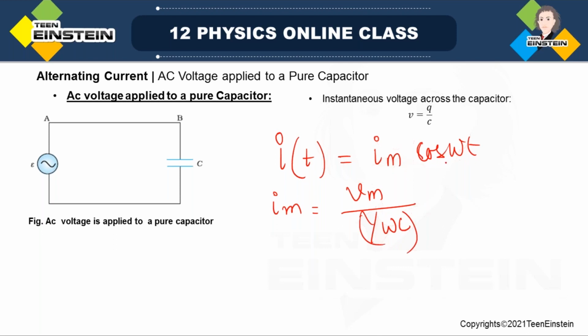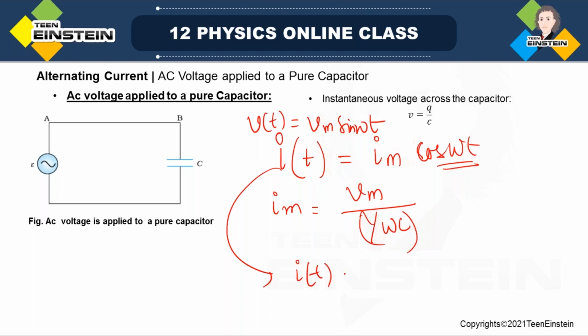So look, this cos omega t. Our voltage was V(t) is equal to Vm sin omega t. If I want to write the current in terms of sin omega t, I can write I(t) is equal to Im sin of omega t plus pi by 2. This will give you cos of omega t.